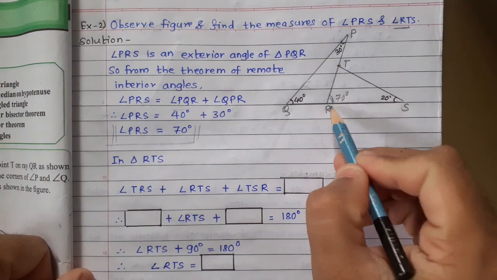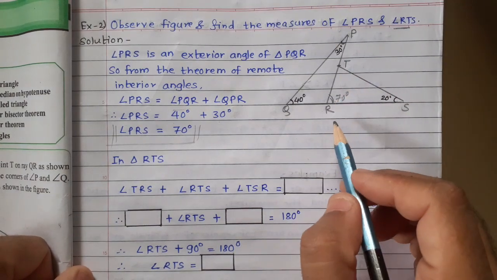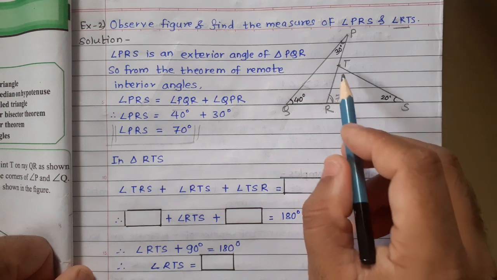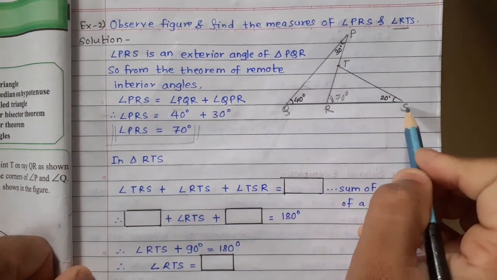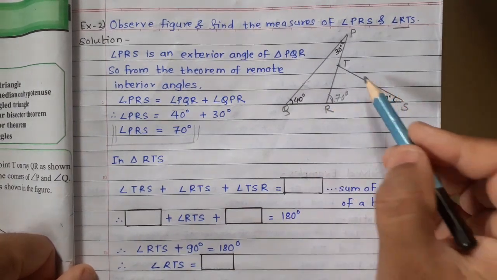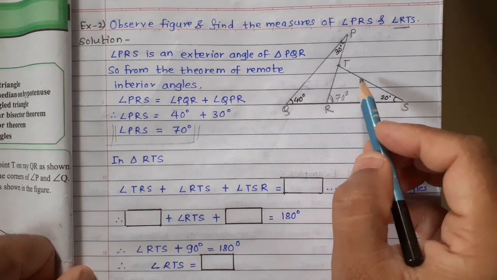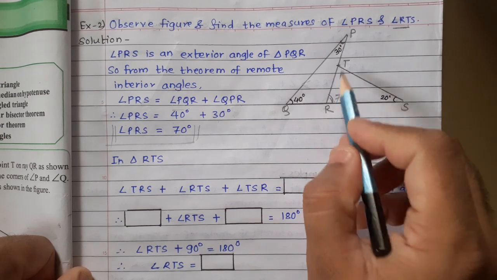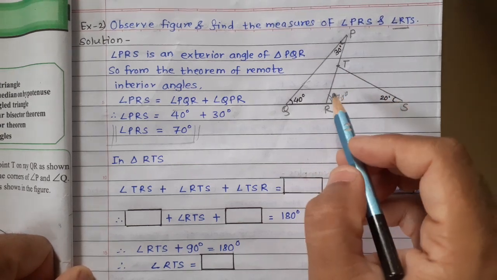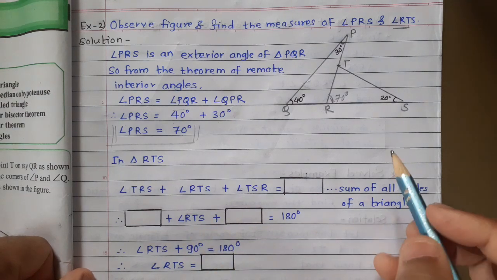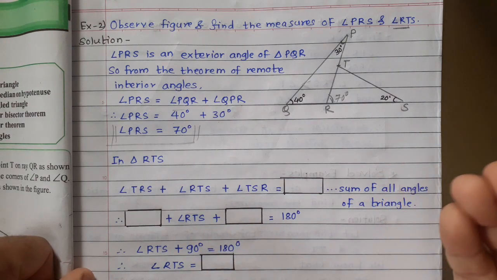Now in this triangle RTS we have the measure of angles TRS as 70 degree and TSR as 20 degree. And now here we have to find out the measure of angle RTS only. So in triangle RTS we know that the sum of all angles of a triangle is 180 degree.